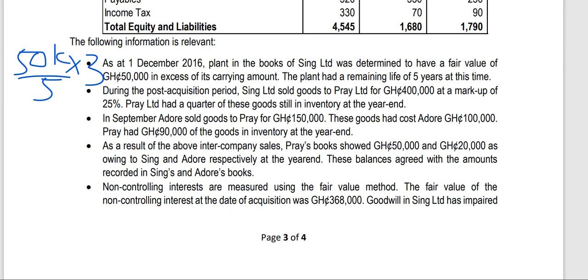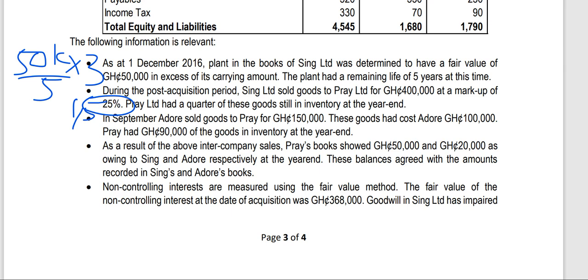So we are taking a quarter of these goods because we are told that Sing sold the goods 400,000 at a markup. So we are changing the markup to margin first of all. So it will become 1 because markup is 1/4. Margin will become 1/5. You use 1/5 as the margin here.